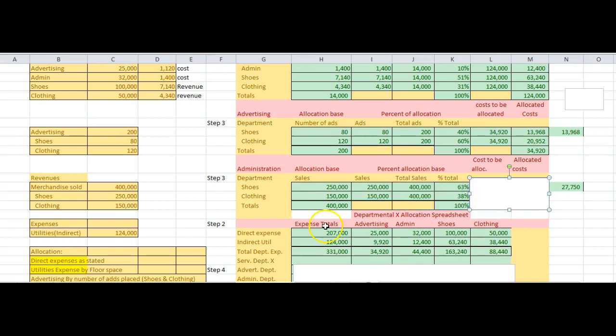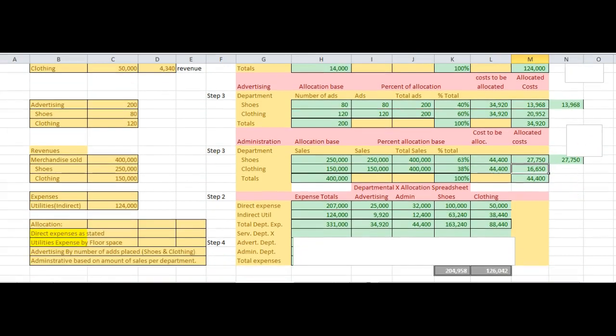Let's go to there. So I have 250 for shoes, 150 for clothing. It's 400,000. I divide that and come up with the percentage. Makes sense so far? Multiply it times this 44,400. And these two numbers, right here and here, are how we're going to allocate that to the shoes and clothing.